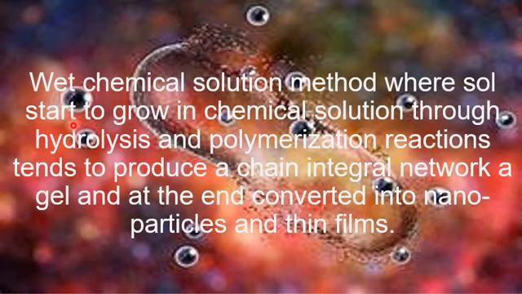So this is basically a wet chemical process in which different types of precursor materials, which could be nitrates or chloride salts and also polymers, are incorporated into a solvent.